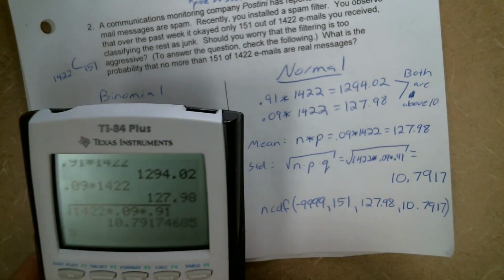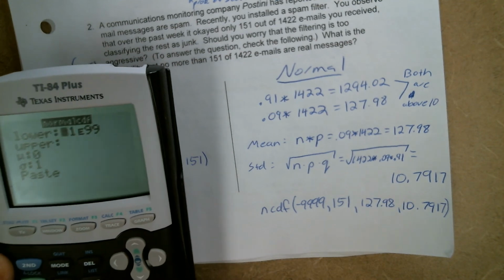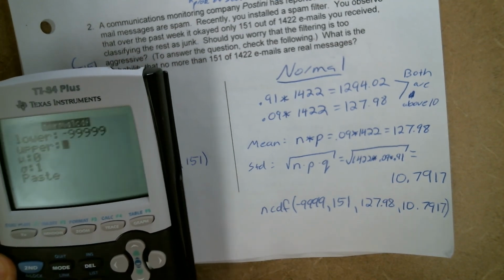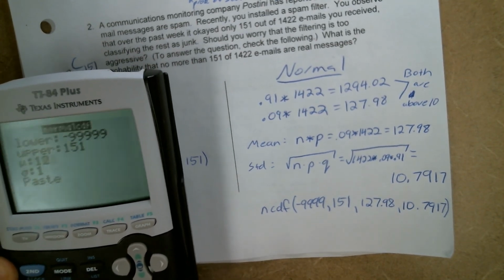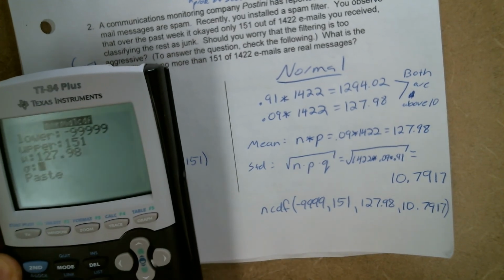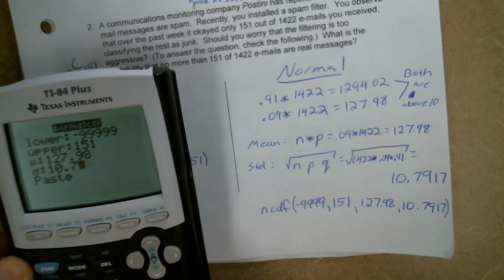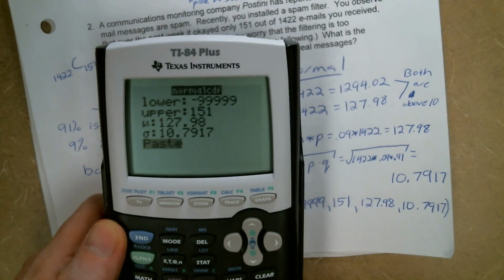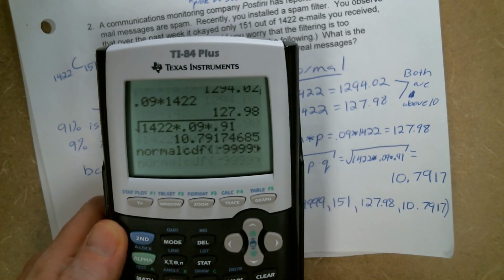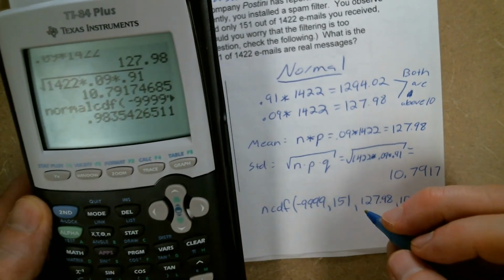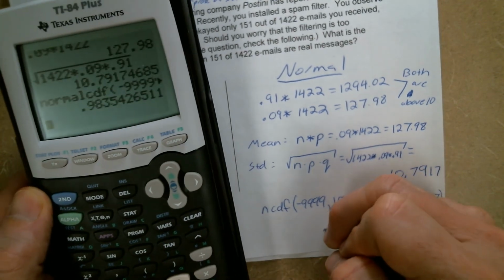If I bring this up, NCDF, negative 9999, 151, 127.98, 10.7917, I'm going to get 0.9835.